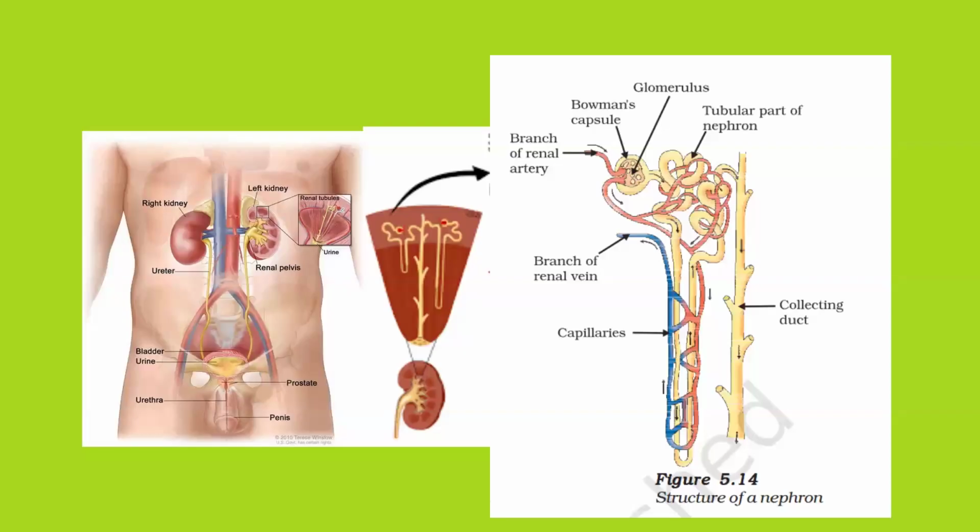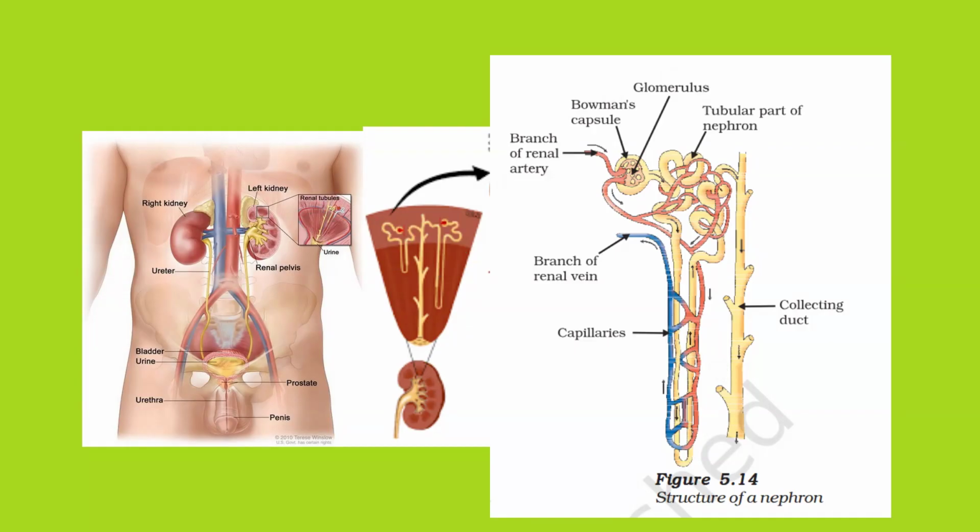So here is the human excretory system, and the kidneys. If you take a kidney, this is one part of the kidney that we can see: the structure of the nephron. The structure of the nephron is very, very important.